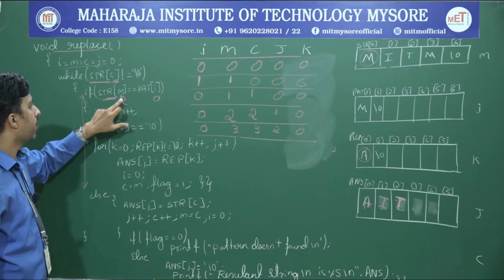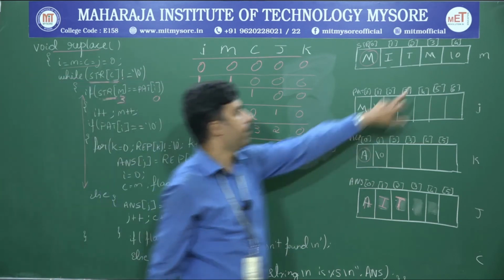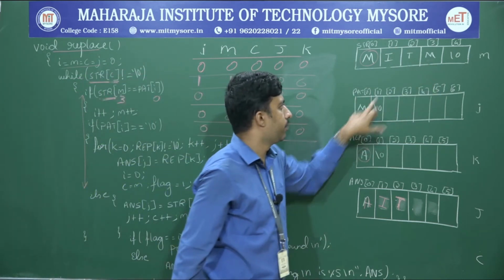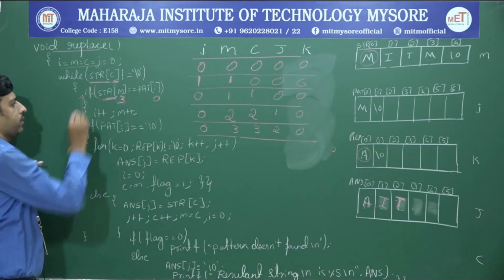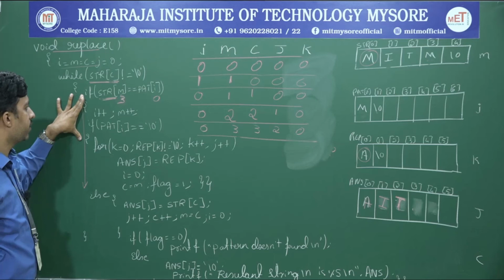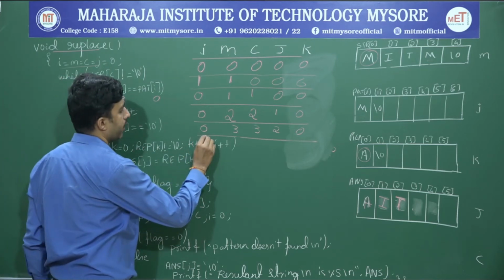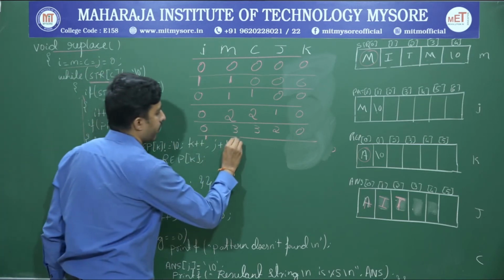Now if pattern of m, m is 3 here, the third component is m, and pattern of 0 is m, equal to m, yes. When the function says that the pattern strings are matching, you need to replace that. How does the replacement work? i is incremented by 1, m is incremented by 1.